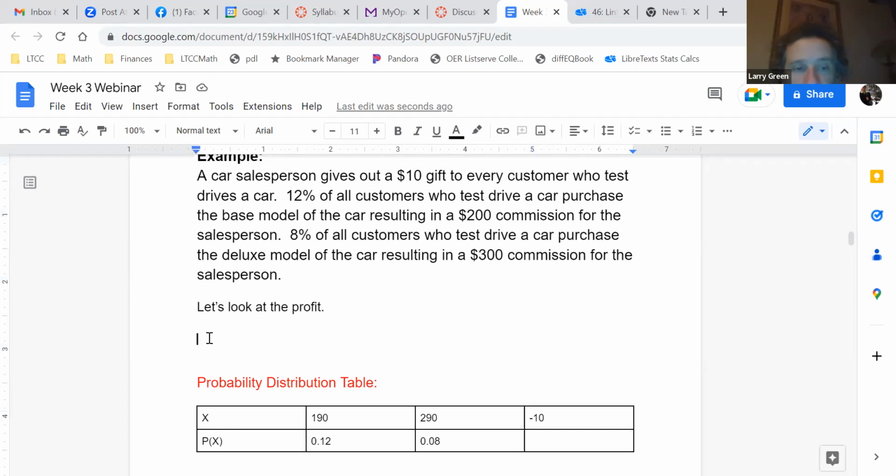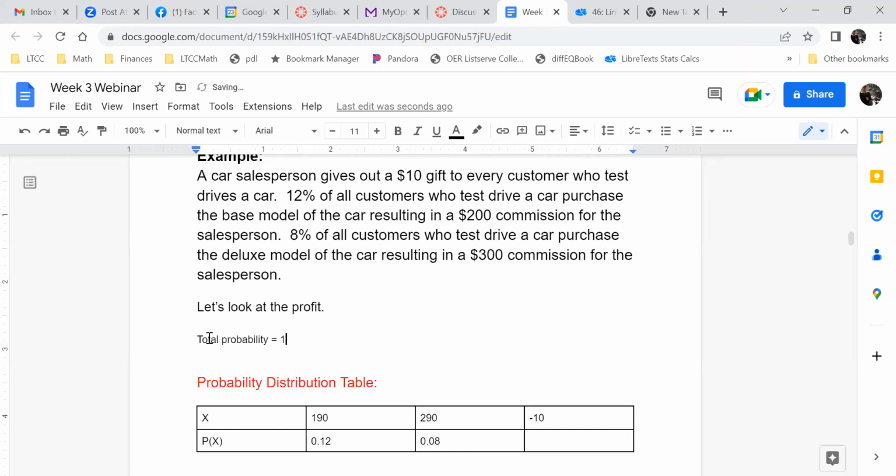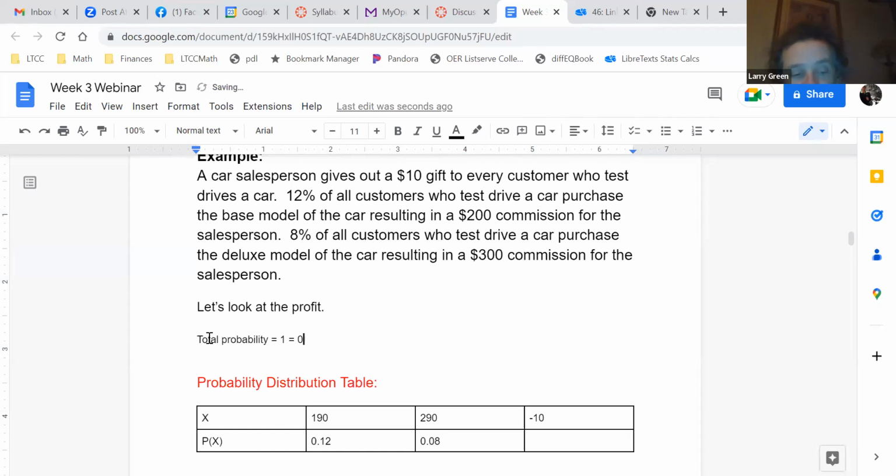So you know that the total probability is always equal to what number? 100 or 1. 1. And 1 needs to be equal to 0.12 plus 0.08 plus our P of negative 10.